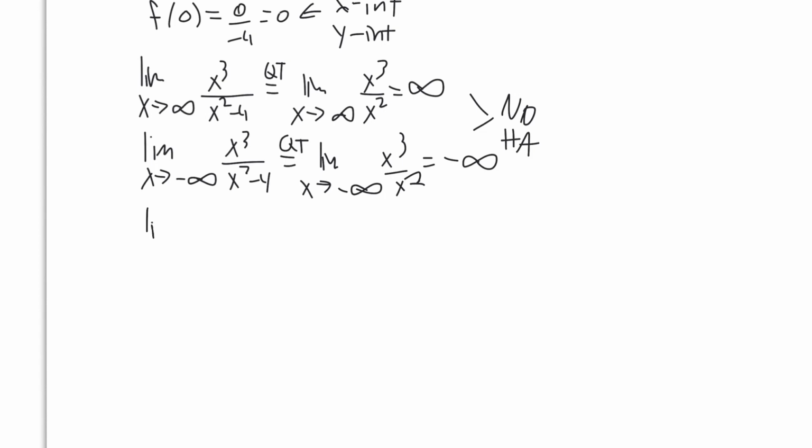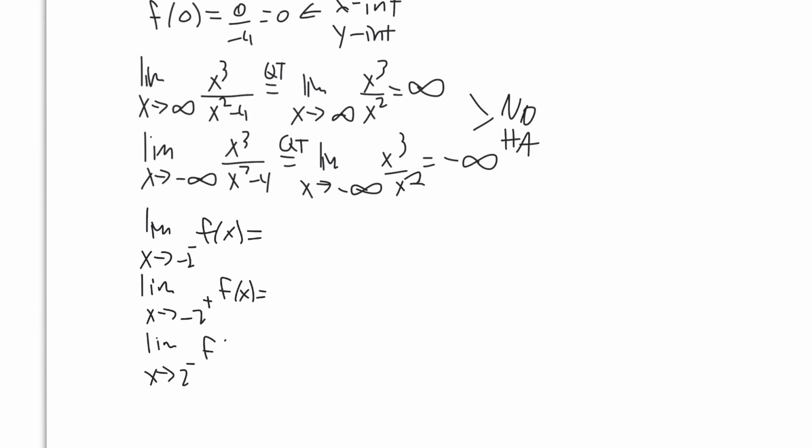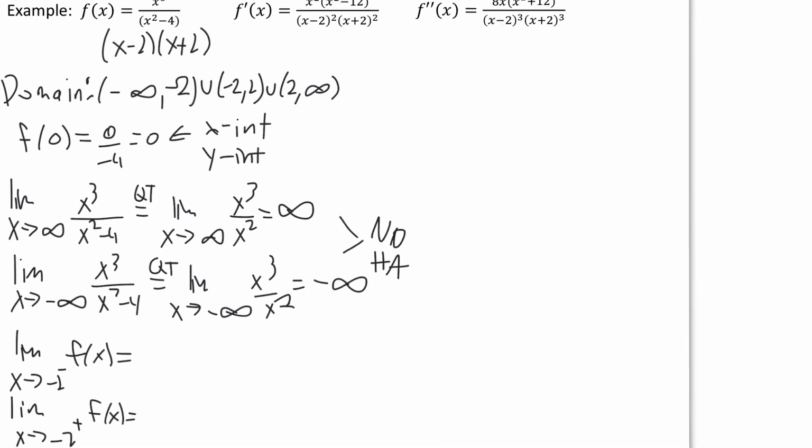So we would do the limit as x approaches negative 2 from the left of f(x), the limit as x approaches negative 2 from the right, the limit as x approaches 2 from the left, and the limit as x approaches 2 from the right. Now all of these limits have to come from the sign diagram, so we'll just pause here and head on over to the sign diagrams.